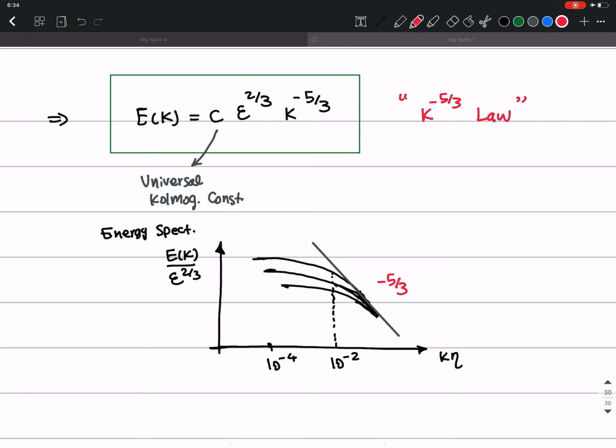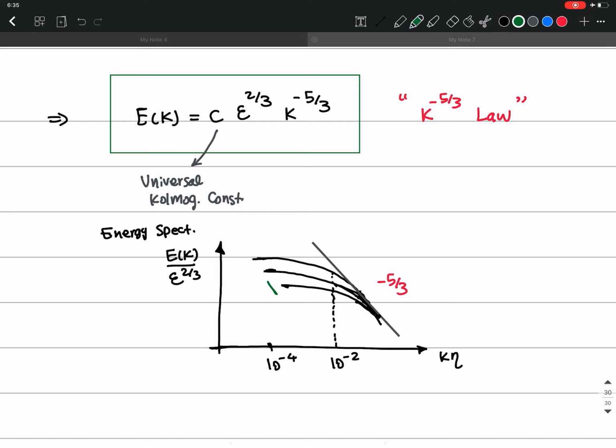So this shows the inertial subrange, which is somewhere in between. This part is the energy containing range, the large scales, then here we have the inertial subrange, and then here we have the dissipation range. So in the inertial subrange, you will see that these spectra obey this minus 5/3 rule most of the time, okay?